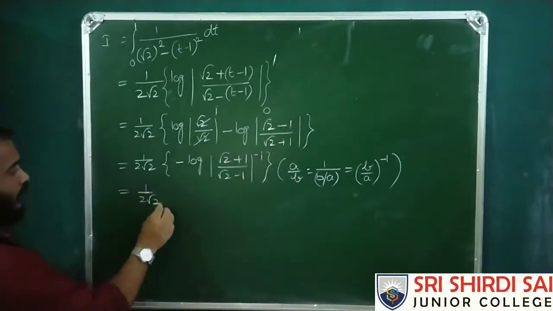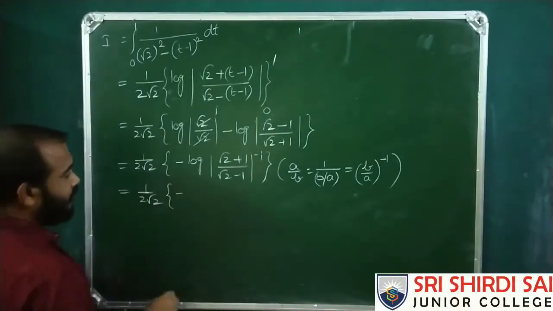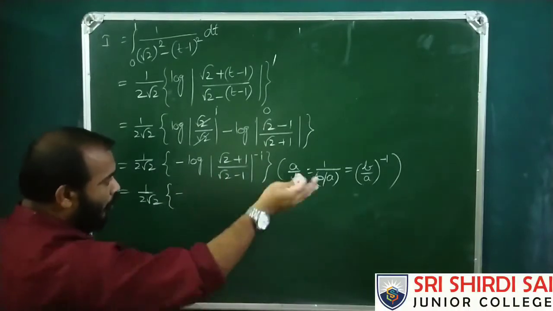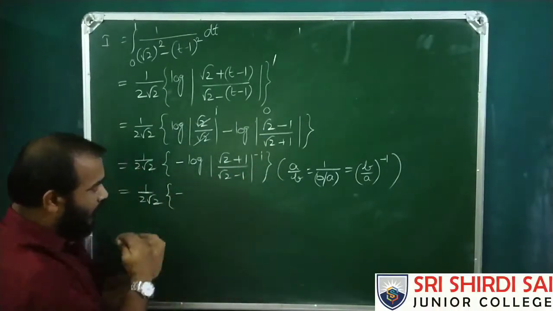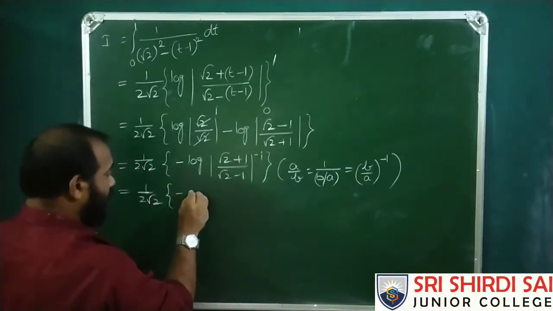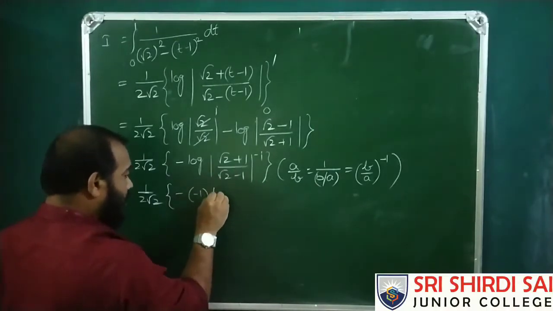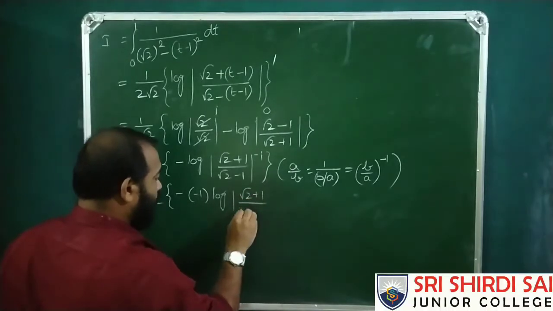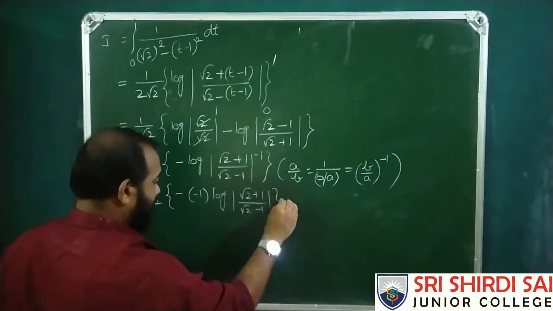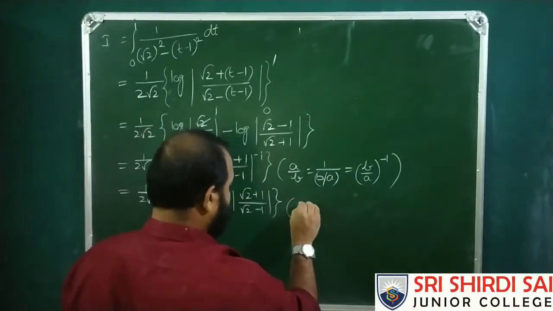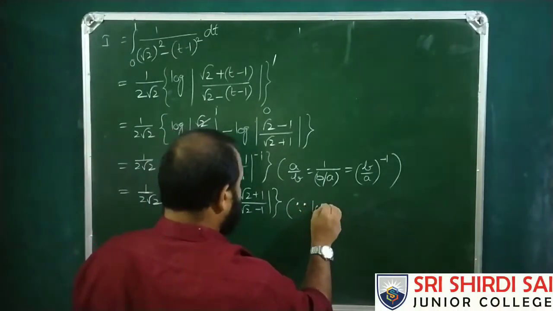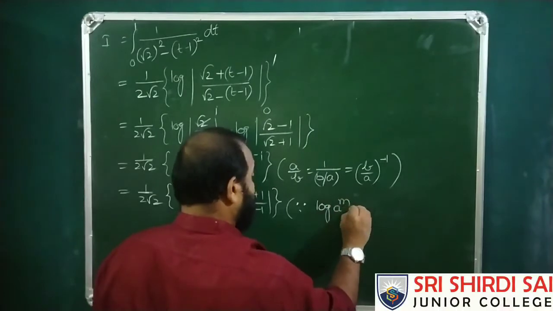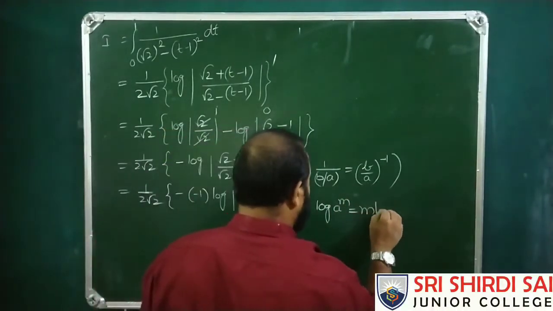Okay, next 1 by 2 root 2 minus log a to the power of m, m log a. This power will come forward according to the property. So minus 1 log root 2 plus 1 by root 2 minus 1, since log a to the power of m is equal to m log a.